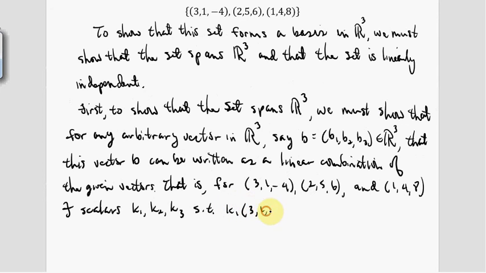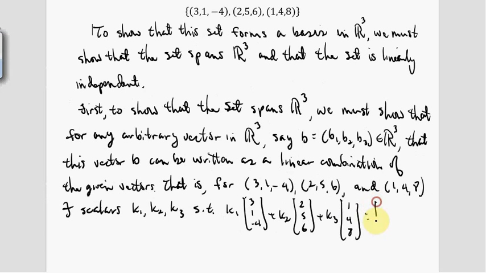K1 times 3, 1, -4 plus K2 times 2, 5, 6. I have to write them standing up so I can save my space. It's equal to that B1, B2, and B3.